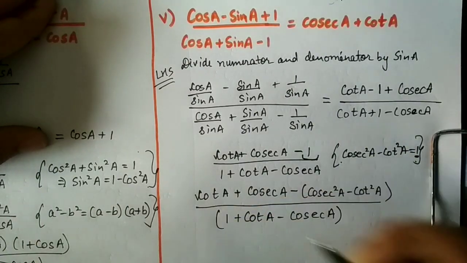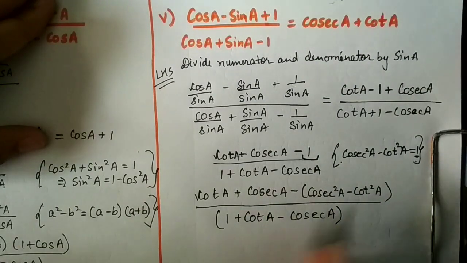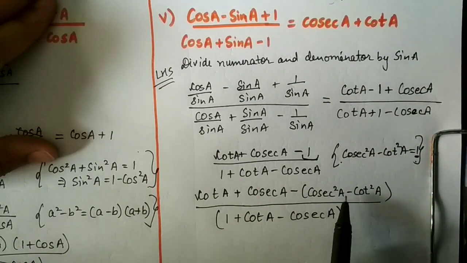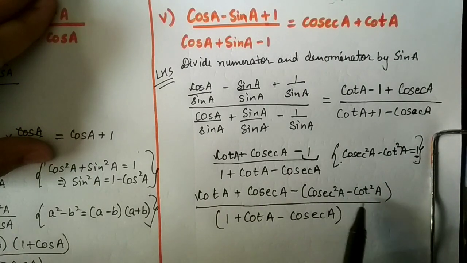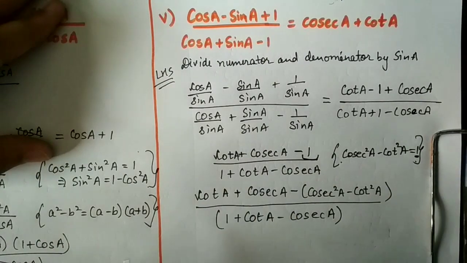So now what you can do here, you can use the identity of a square minus b square and write cosecant square a minus cot square a as cosecant a minus cot a multiplied by cosecant a plus cot a.